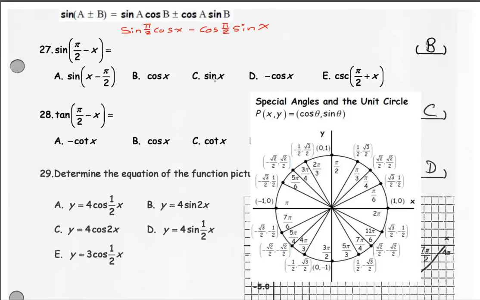Well, what's the sine of pi over 2? The sine of pi over 2 is 1. So basically, this is 1 times the cosine of x minus, and the cos of pi over 2 is 0, so 0 times the sine of x. Now 0 times the sine of x, of course, is 0. So basically, this just simplifies to cos x. So that's why B is the correct answer for number 27.